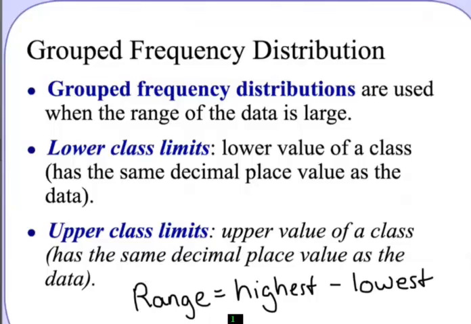Therefore, our class limits will also be in whole years. If we're talking about weight, a lot of times that's given in 1 decimal place. So our class limits might be in 1 decimal place. Whatever your data has as far as number of decimal places, that is what your class limits will also have.